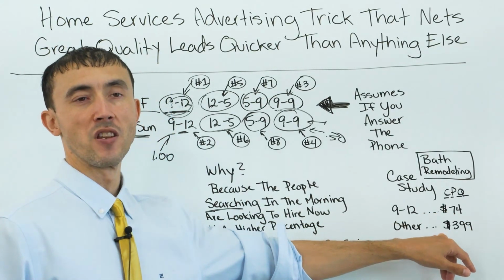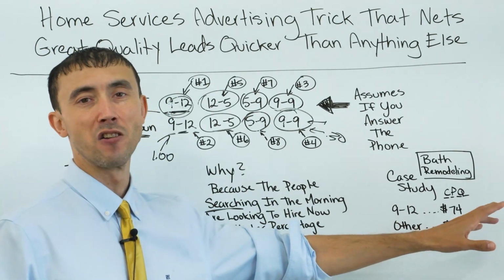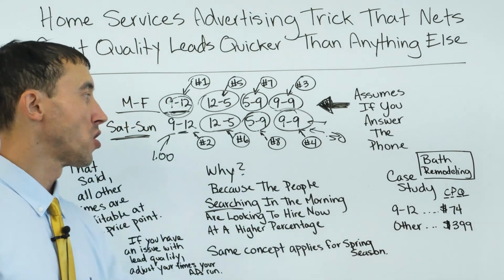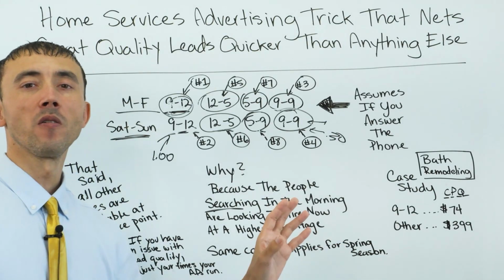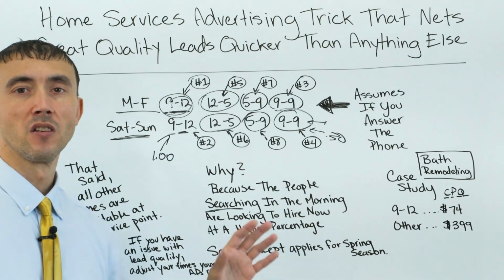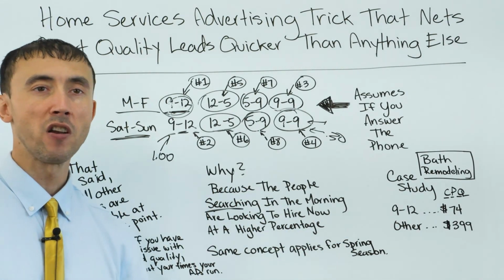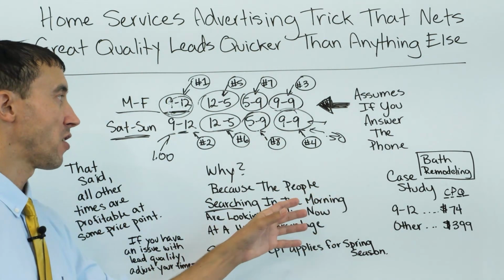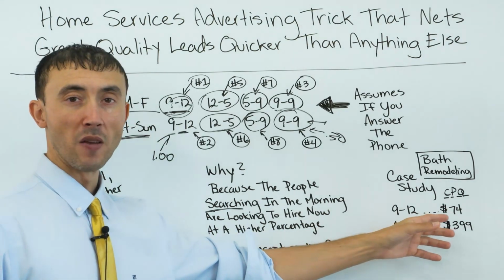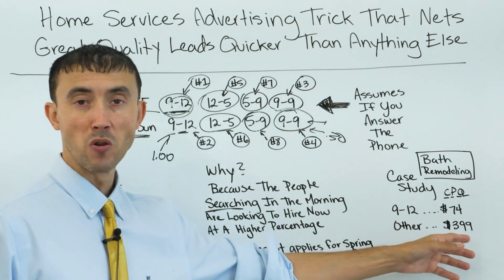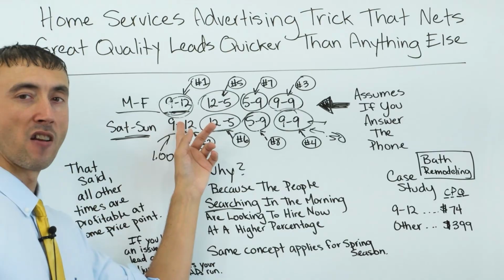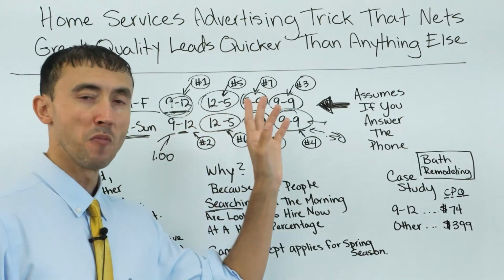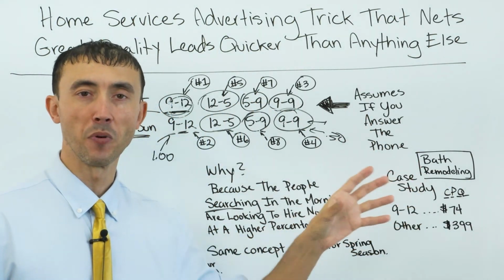All other times of the day, we were paying an average of $399 per opportunity, showing there's a 4x plus difference. If you weren't making money yet but were close, you could ratchet everything down to 9 to 12 only and start making money right away, with just that one simple change.